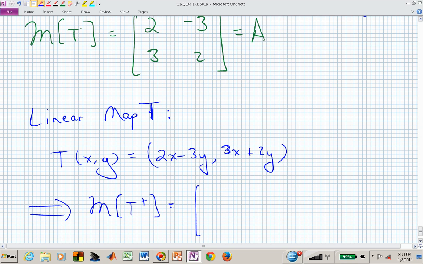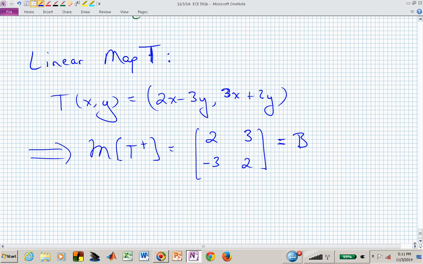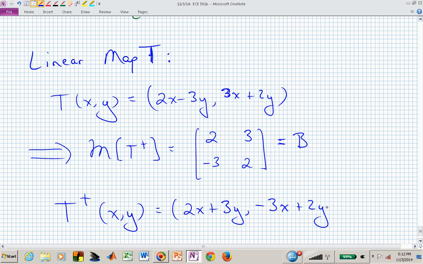We can go back to the matrix representation of T and just take its complex conjugate transpose. That's the matrix representation of T dagger, so that now we have 2, 3, minus 3, 2, and I'm going to call that B. Is that okay? Then we can say that the linear map of the adjoint, T dagger, applied to xy is now 2x plus 3y in the first coordinate and minus 3x plus 2y in the second coordinate.